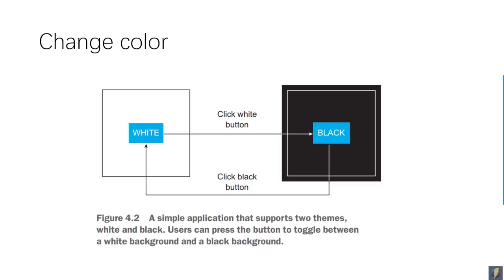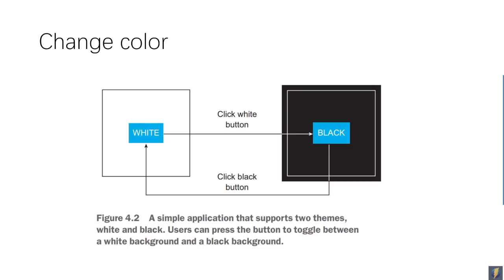When the light theme is selected, the button label will be black, the background will be white, and the box around the button will be black.